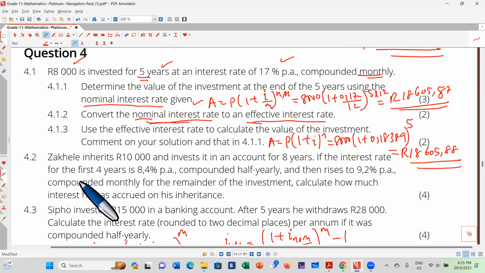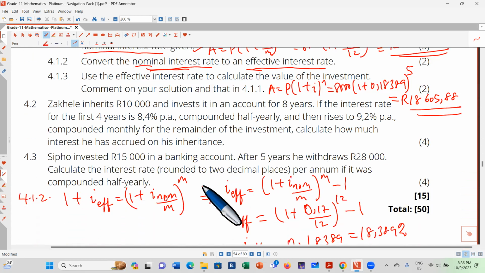If the interest rate for the first 4 years is 8.4% per annum compounded half yearly, and then rises to 9.2% per annum compounded monthly for the remainder of the investment, calculate how much interest he has accrued on his inheritance. Let's talk about Zakele and the inheritance. So how much did Zakele inherit? Zakele inherited 10,000.